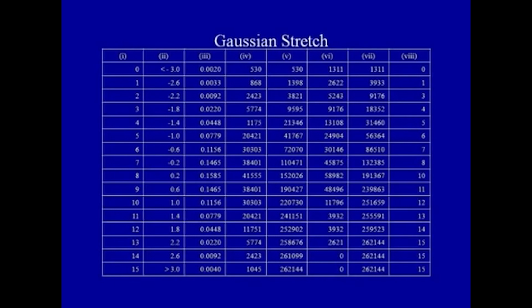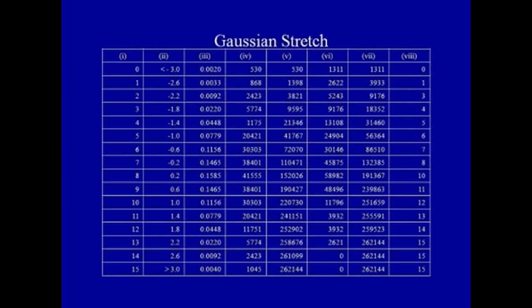When we look at the brightness level 0, it has a cumulative frequency of 1311, and when we compare this to the Gaussian cumulative histogram shown in column 5, what we find is that this is exceeded at brightness level 1. So, the previous value is assigned to this particular original brightness level, that is brightness level 0 is assigned a brightness level of 0.